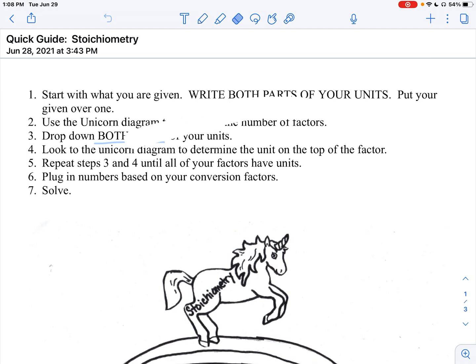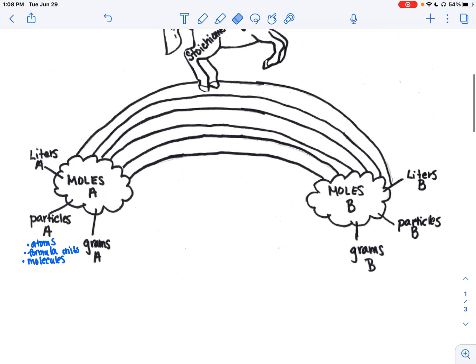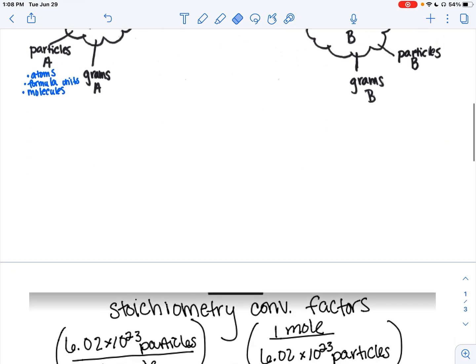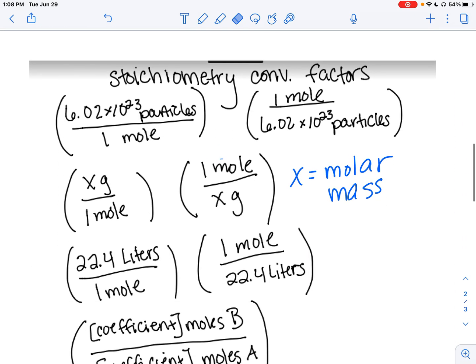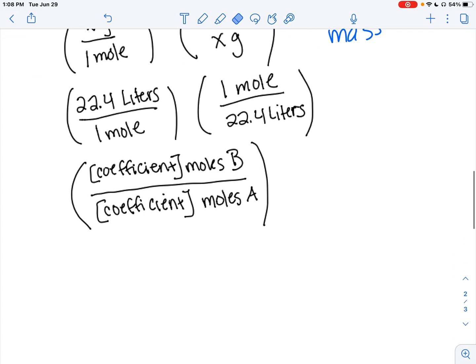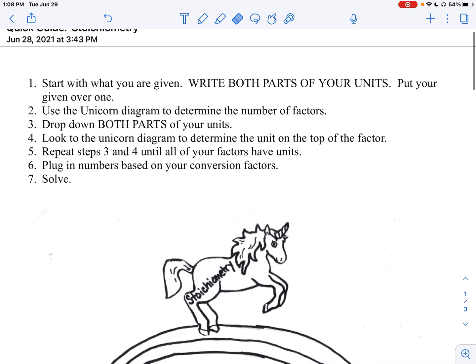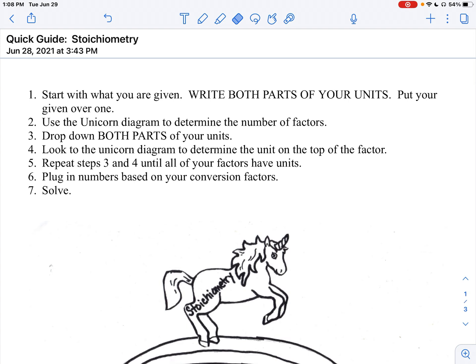In there, there are steps that I'm going to follow to solve these problems. There's this unicorn diagram. And then there are something called conversion factors. So that's what I'll be using. Again, if you already know how to do stoichiometry and you feel comfortable with it, don't learn a new way. Absolutely not. But if you would like to have a refresher, this is what I'll be using, and you do have access to it.